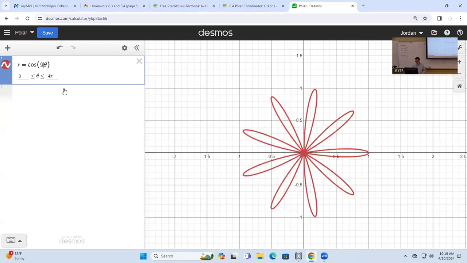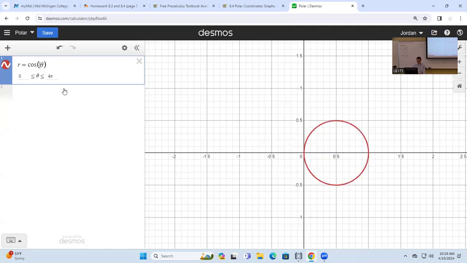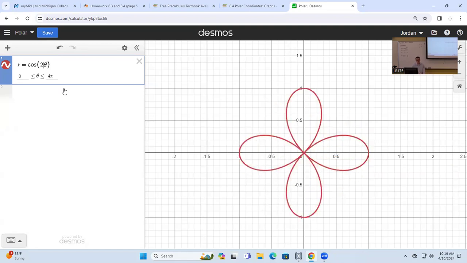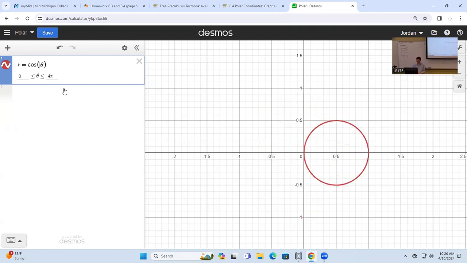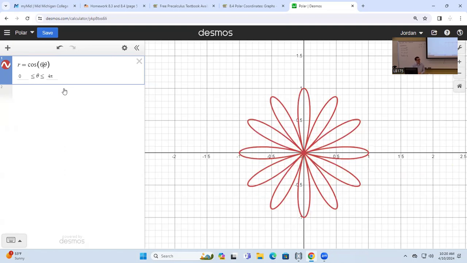If I did 9, I get 9 petals. So you might think, well, what happens if I do 2? It turns out you don't get 2 petals, you get 4. And if I did 4 theta in there, instead of getting 4 petals, I actually get 8. And if I did 6, you can see the pattern, I'm going to get 12 petals.